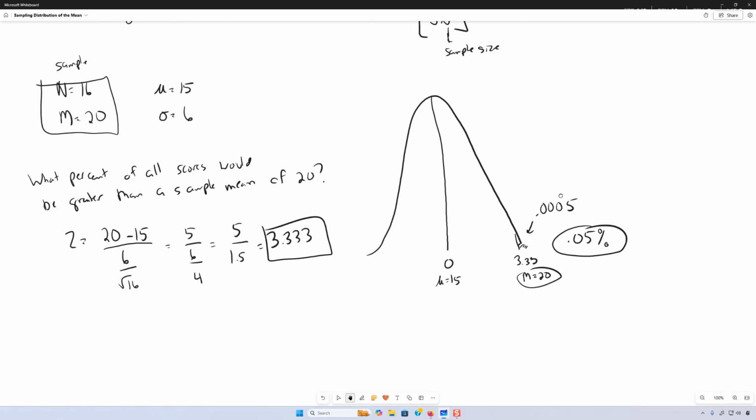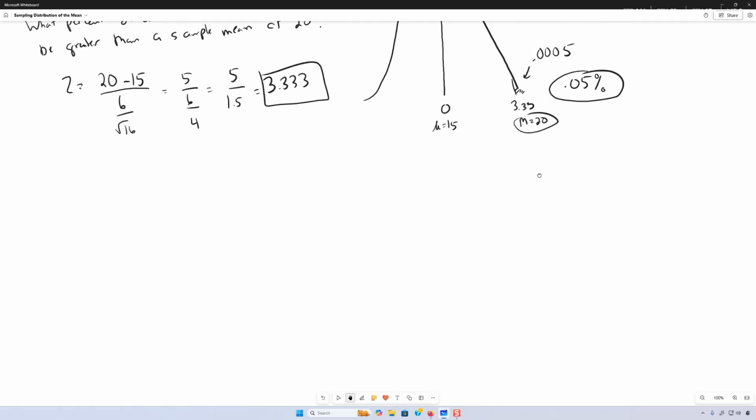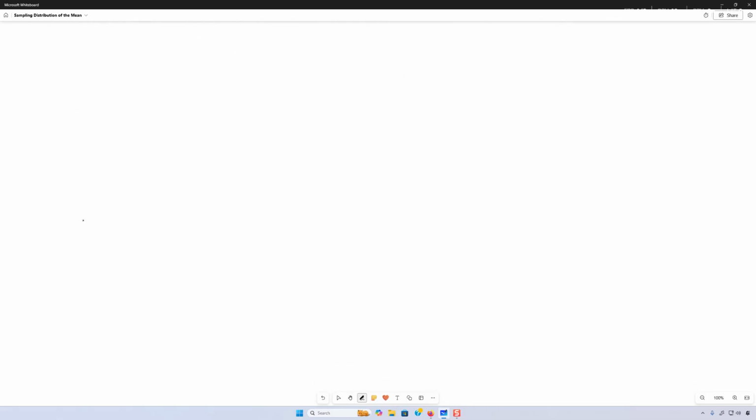So let's look at another one. Let's say that I'm dealing with a sample of 25 students, where my mean here is 70. And I'm comparing that sample to a population with the mean of 75 and a standard deviation of 15.